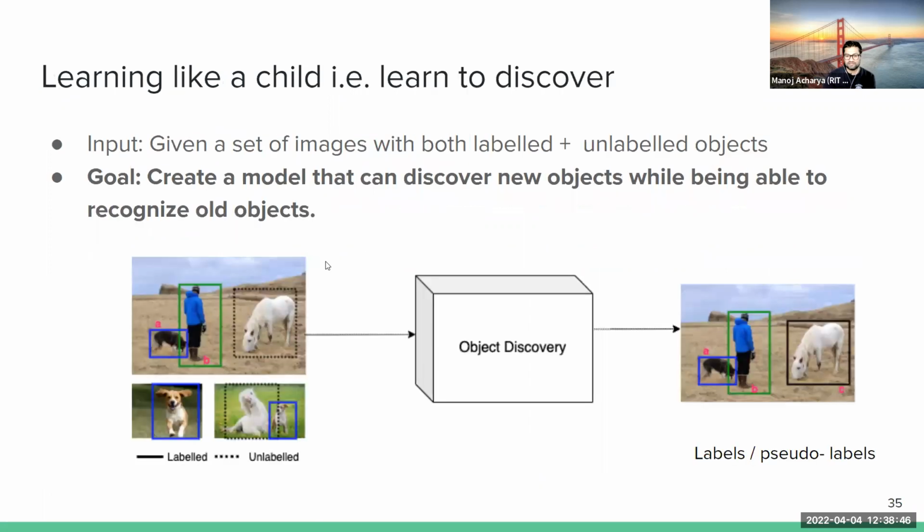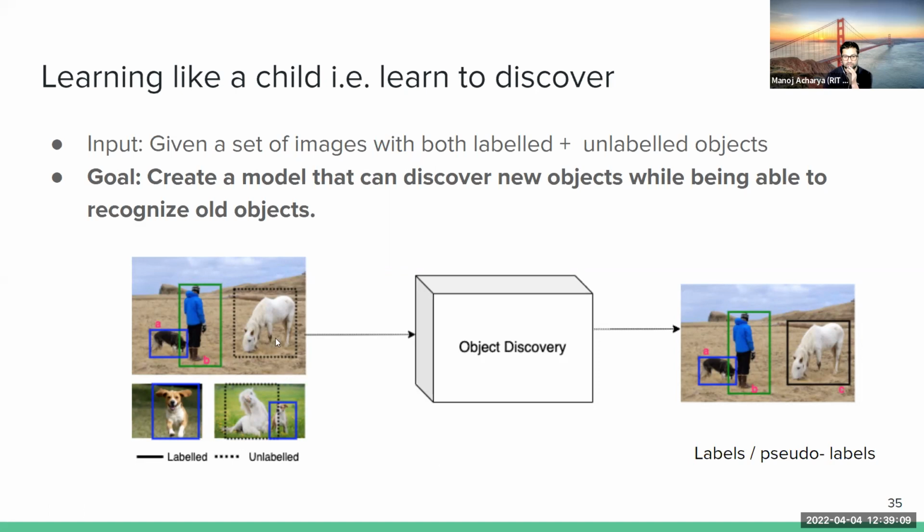What do I mean by class discovery, and how is the overall framework set up? Here you can see the input, which consists of several images where you have both labeled and unlabeled categories, shown here in dotted lines. The goal is to create a model that can discover new objects.